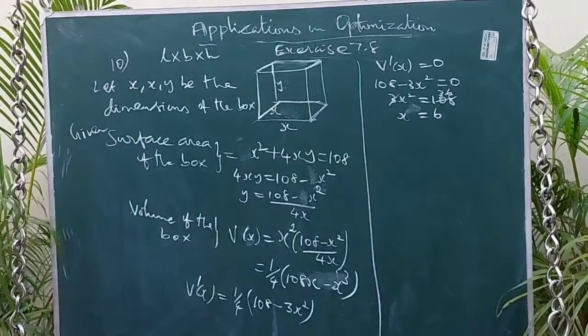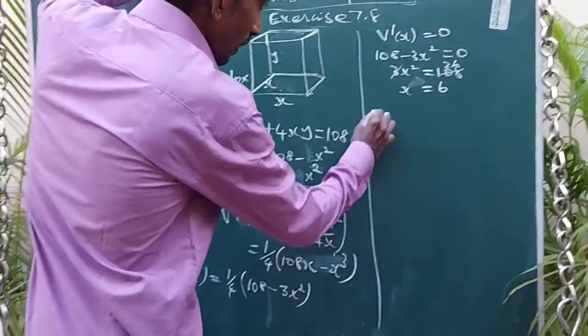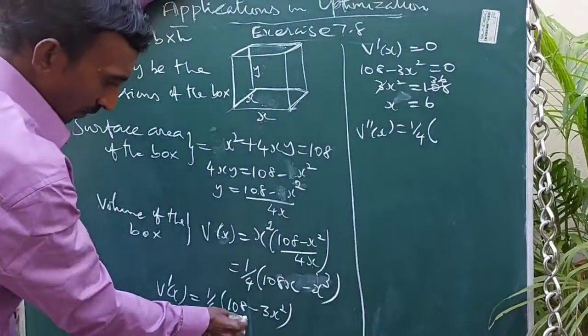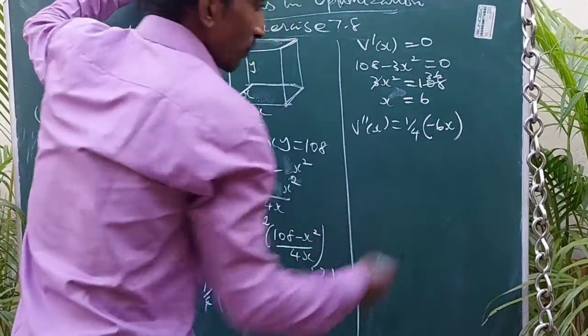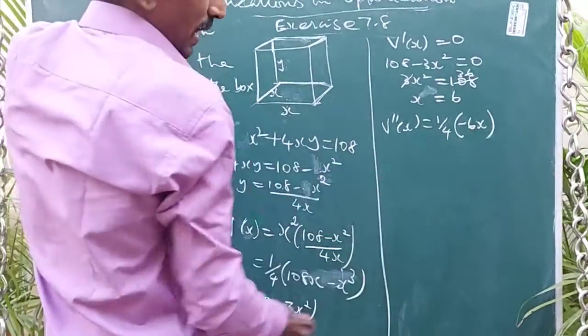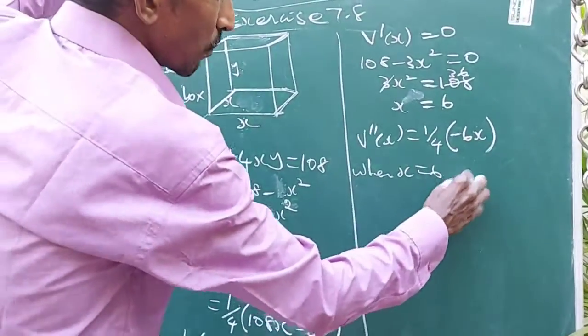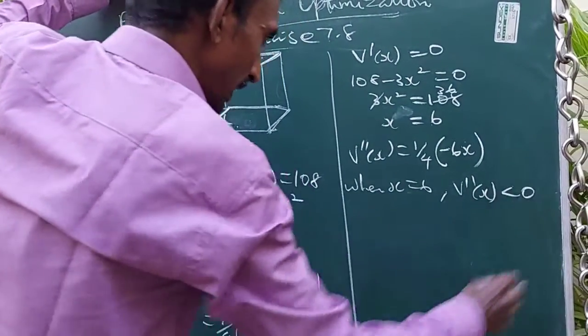Okay. Again find out the second derivative from this one. So V double dash of x is 1 by 4 into differentiation of a constant 0, minus 6x. Look at here, it is negative but x is positive. So when x equal to 6, obviously V double dash of x is less than 0.